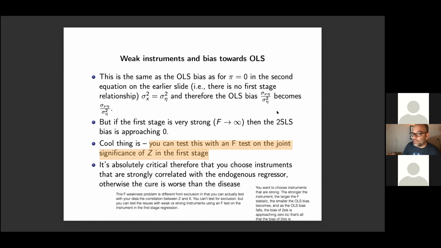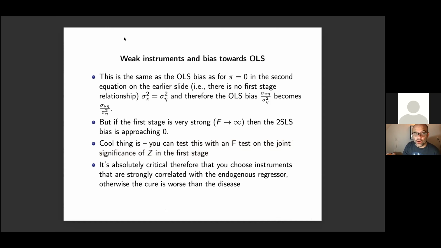So you want to be searching for instruments that are very strong. A couple of rules we've learned in instrument selection. Biggest, pick instruments that are plausibly satisfying exclusion. You can't do anything if the instrument is not excludable.